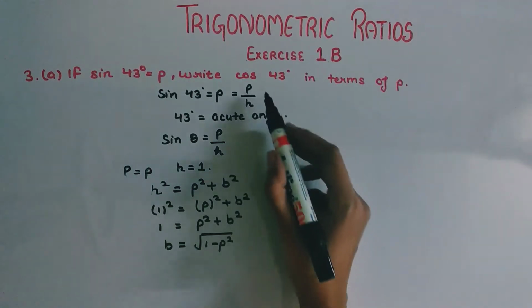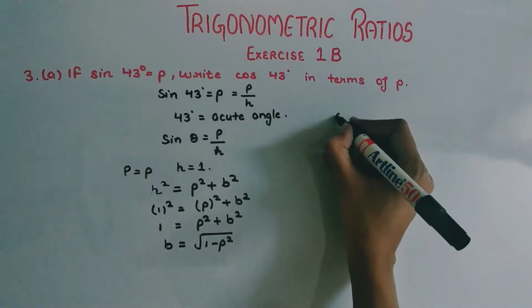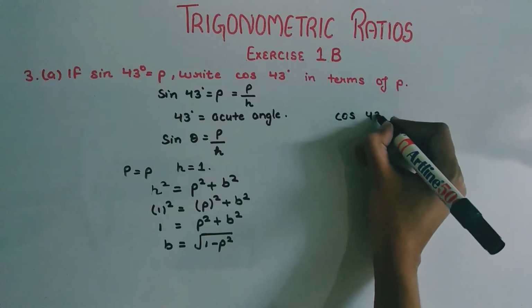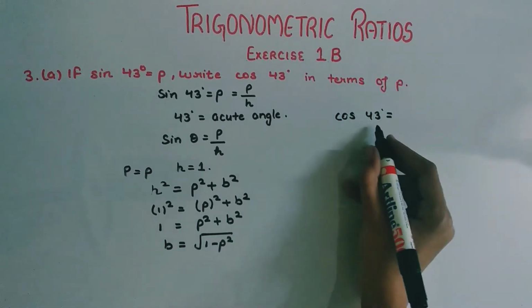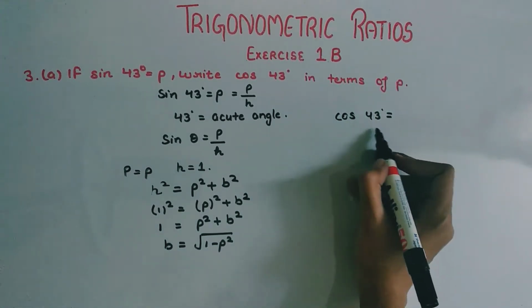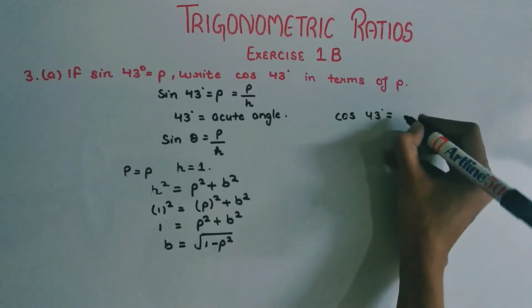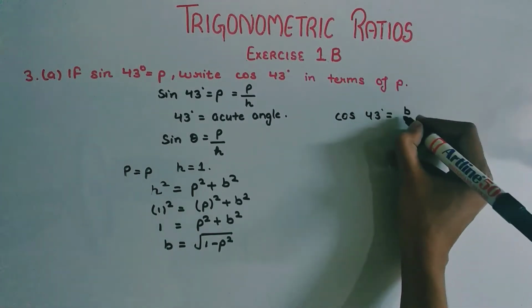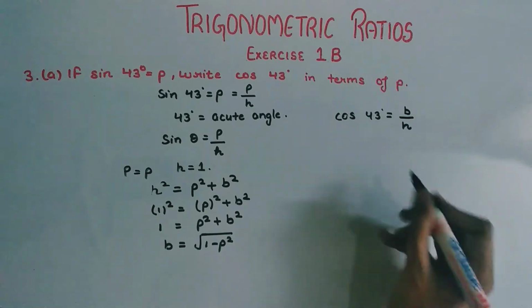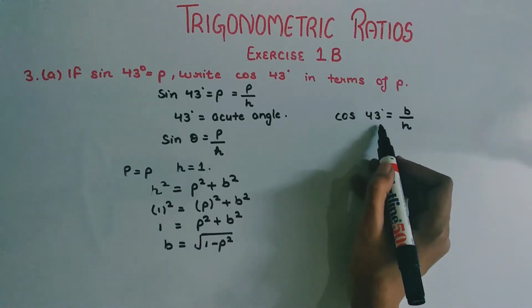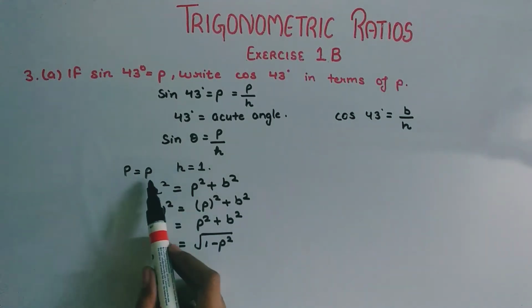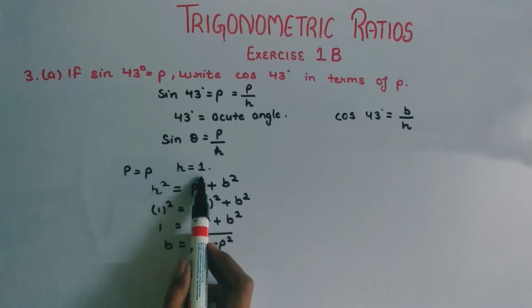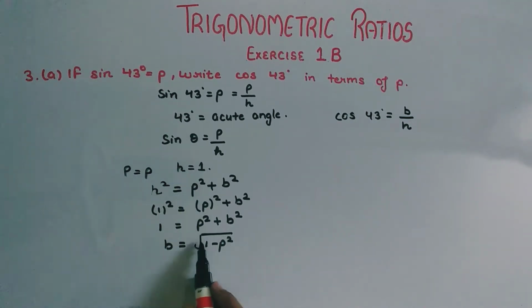Now we have cos of 43 degree. Cos of 43 degree will be similar as cos of theta, because 43 is any acute angle, and that is equal to base divided by hypotenuse. For this given angle 43, we have values of perpendicular as P, hypotenuse as 1, and base as under root 1 minus P square.